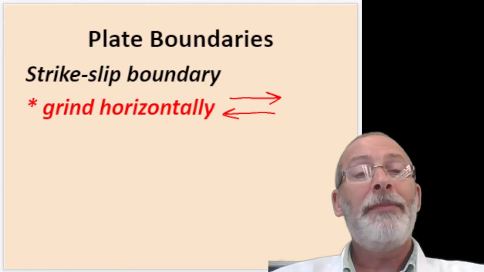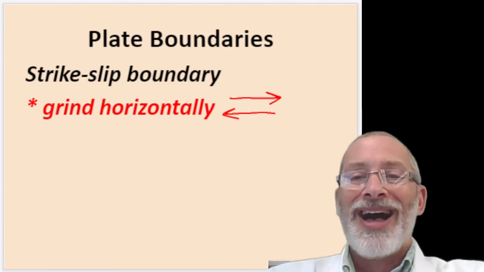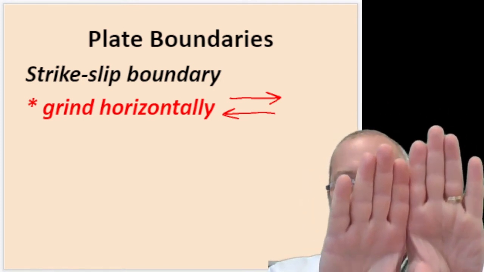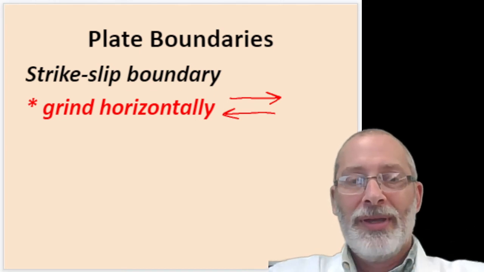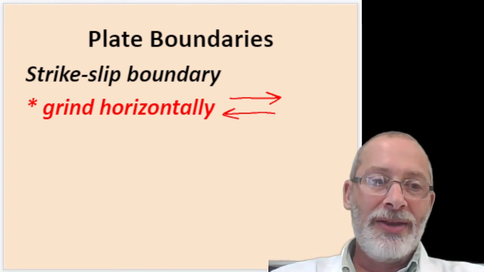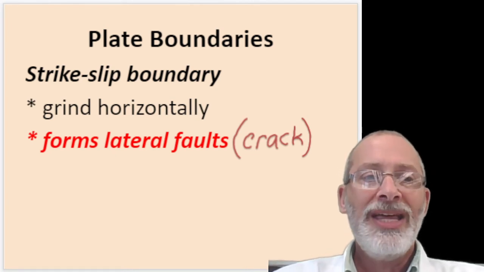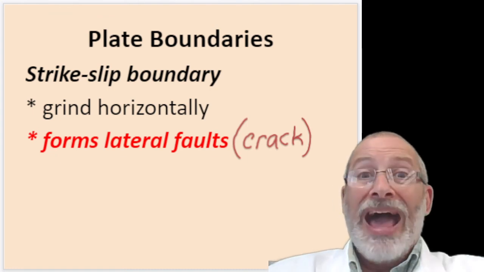Well, strike slip boundaries are those that grind horizontally. They grind horizontally next to one another. And these are those that form what are called lateral faults or cracks in the ground.